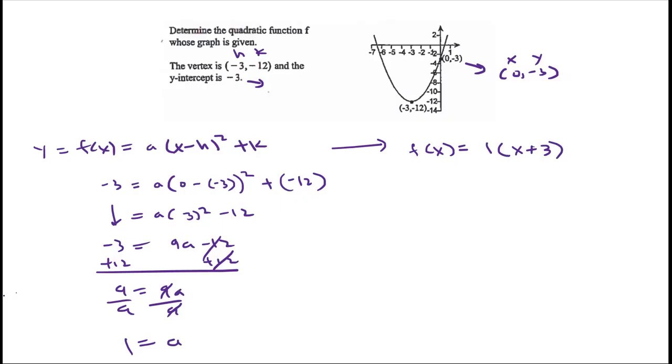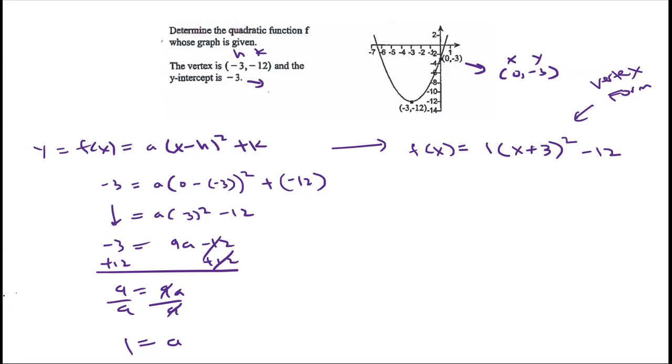Here we got a positive 3, so plus 3 squared. And then we have our minus 12. So this is our vertex form. That's what they want. They want the vertex form, and we found it.